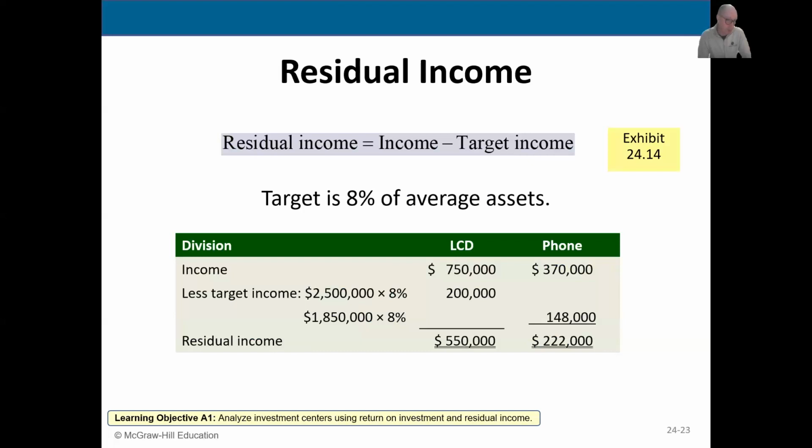In this example, it's 8%. So average assets times 8%. For the LCDs, it's 200,000. For the phones, it's 148,000. So income minus target income equals residual income.